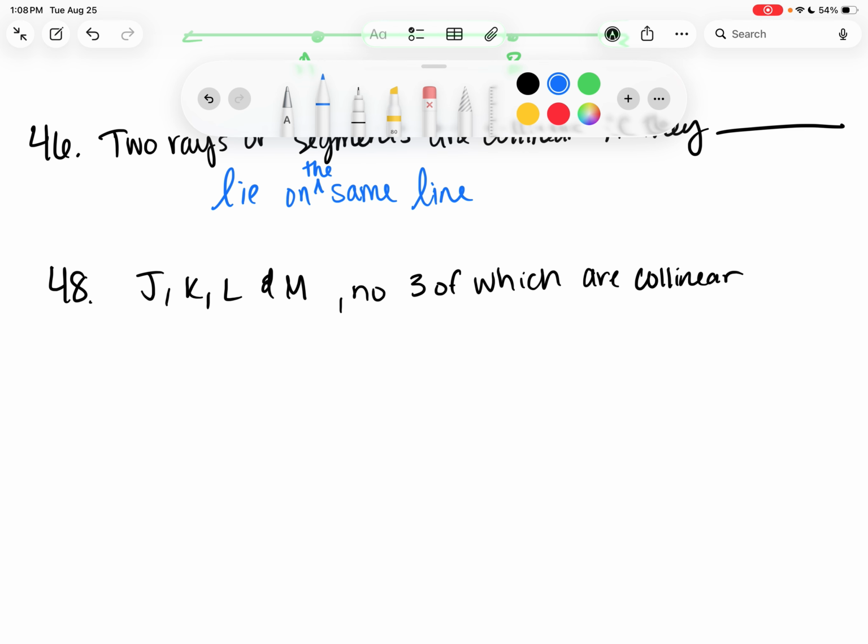They're going to tell us which rays and lines we're going to be drawing, but how would you position the points if no 3 can be collinear? So can they all be like this? How about that? So what do I need to do to fix it?